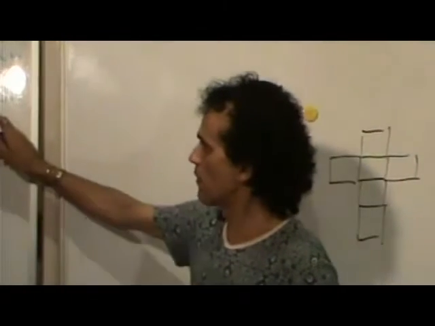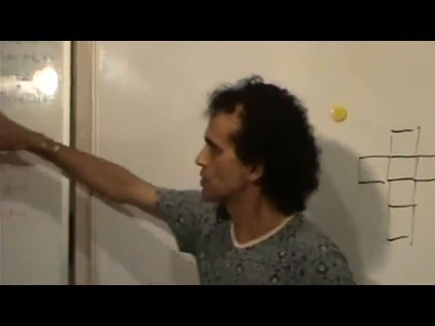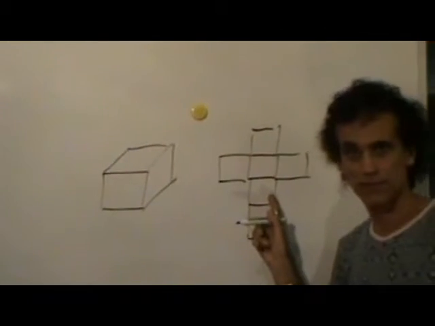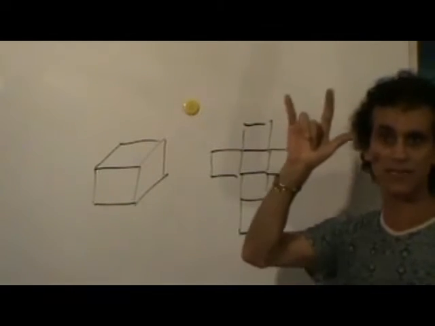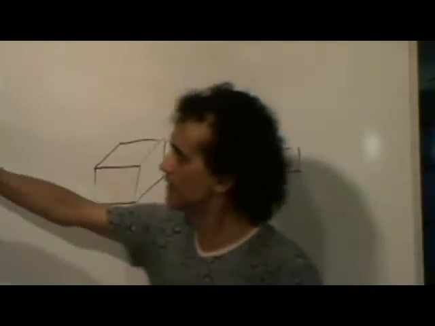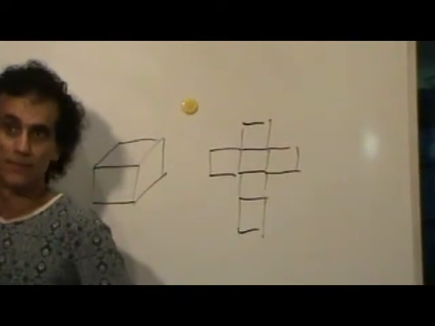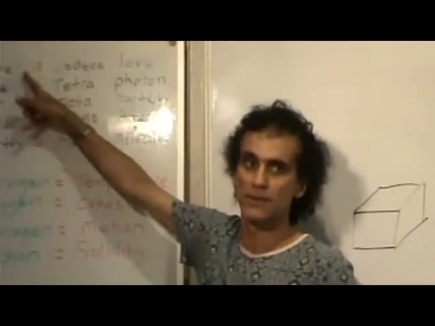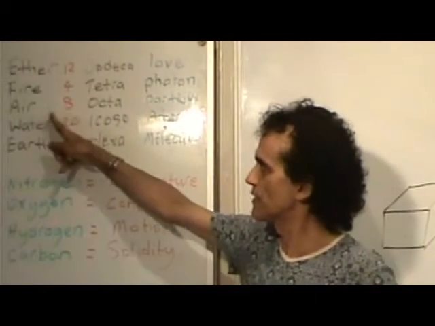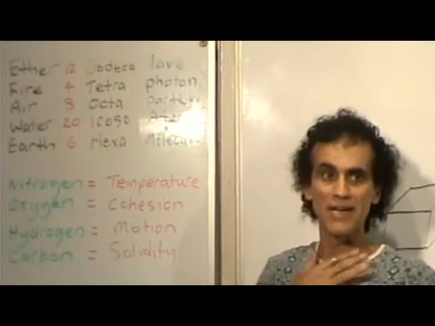Earth, molecule, solidity, that's the cross. That is the holy cross, the cross of matter, the hex. We've been hexed down here, sub-ether. We come from the causal world, and we have these 4 elements we are made of.